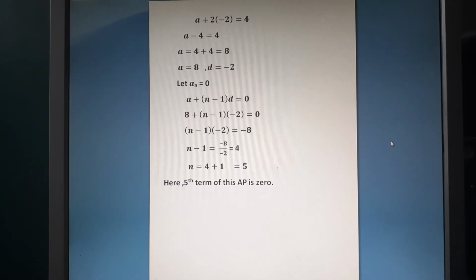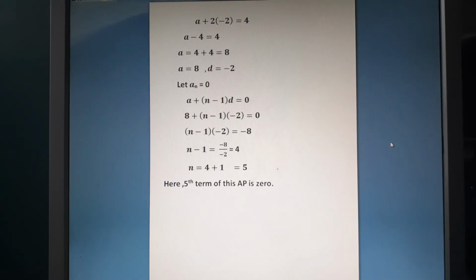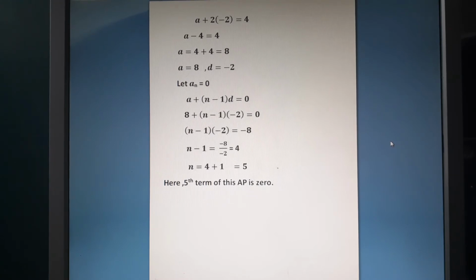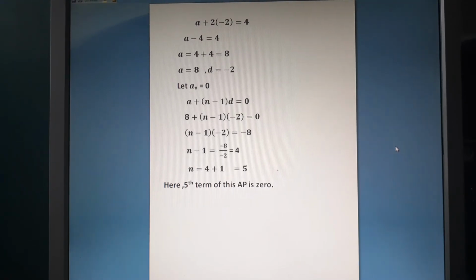Now, n minus 1 is equal to minus 8 divided by minus 2, that is equal to 4. n is equal to 4 plus 1, that is equal to 5. Here, the fifth term of this AP is 0 because n is equal to 5.